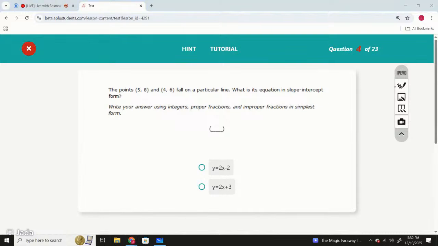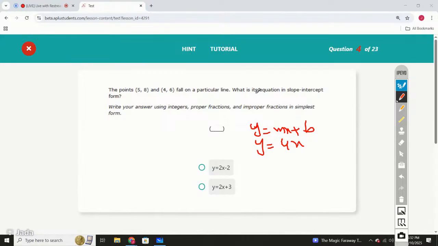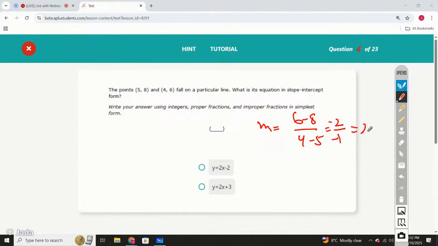We need to calculate the slope from these 2 points, y2 minus y1 divided by x2 minus x1, and that is negative 2 over negative 1, that equals 2.